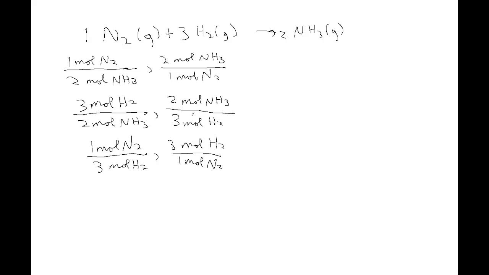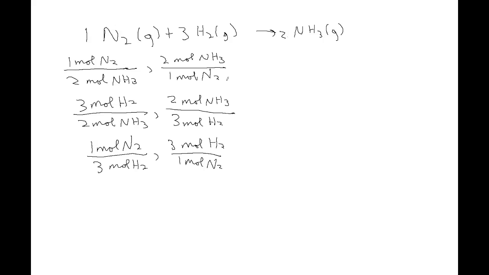Okay, good. That was good. Like I said, from now on, we'll never have to write down every single conversion ratio again. On any problem, we only need 1 or 2 of these. But it was good practice just to see all the conversion ratios we could get. But notice, none of this would make sense if we hadn't balanced the equation first. So you need to use the balanced equation to get the conversion ratios.